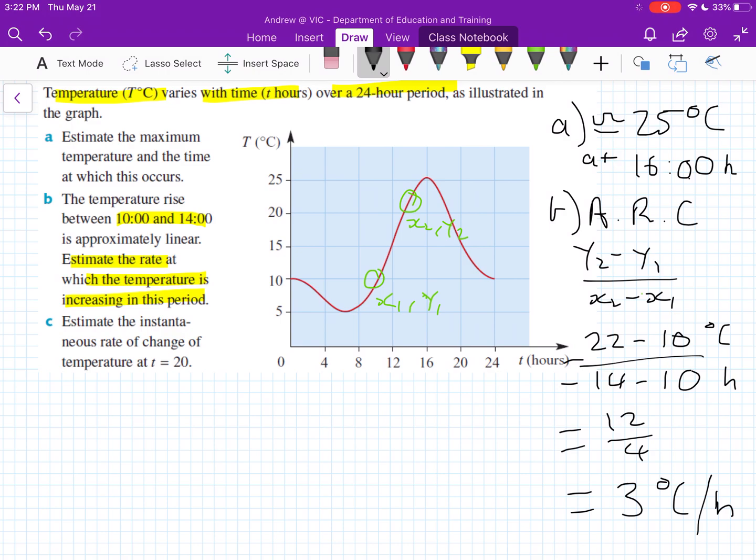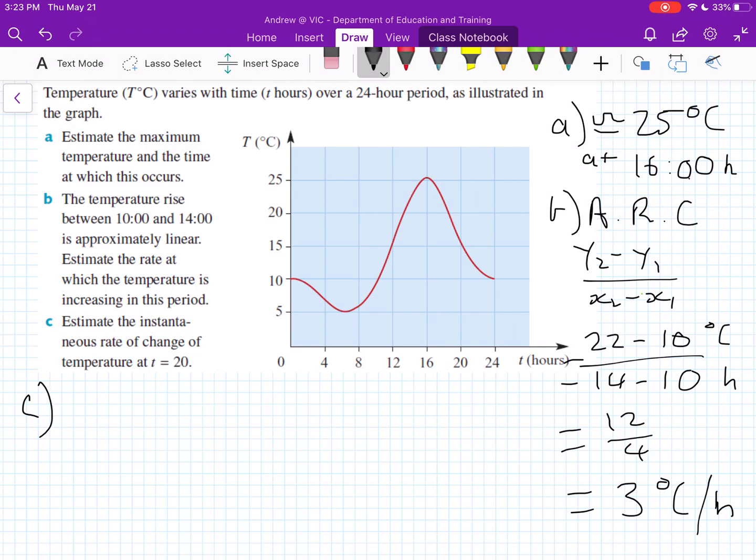Okay, now, part C. This is going over instantaneous rates of change. So yet again, when you're using a graph, it's only going to be a rough estimate. It won't be perfect because it does depend on where you draw your tangent line. Okay, so we'll just go over this.